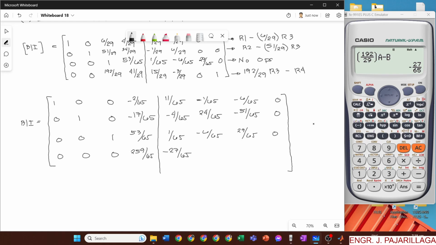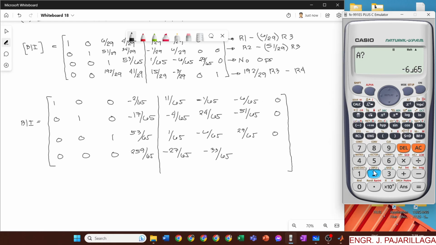Alright? And then we have here negative 6 over 65. Right? Importante yung negative. And then we have for B is negative 3 over 29. And the answer is negative 33 over 65. And then we have for column 7, calc lang ulit.